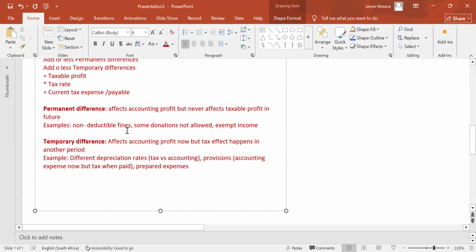Now, when doing your entry for this current tax, when you are doing your journal entry, what you're going to do is that you're going to debit income tax and you're going to credit current tax payable.